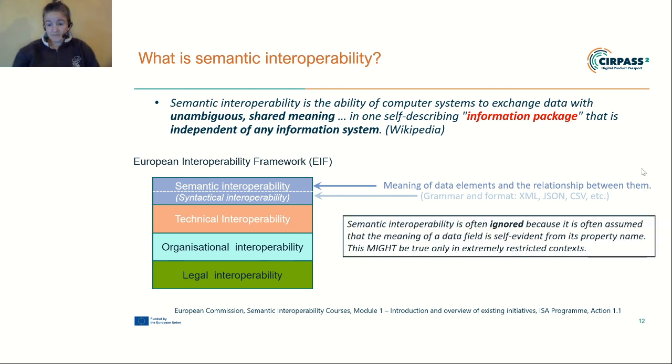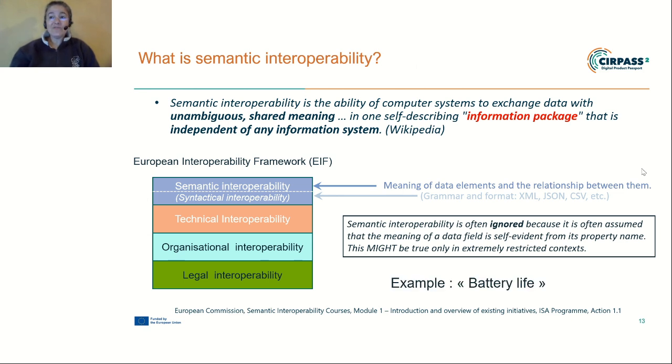In most DPP schemes I've seen, semantic interoperability is ignored because often it's assumed that the meaning of the data field will be self-evident from the name of the property. This may be true in some restricted contexts when people share the same understanding of what a term means.